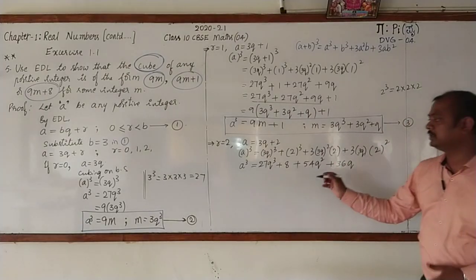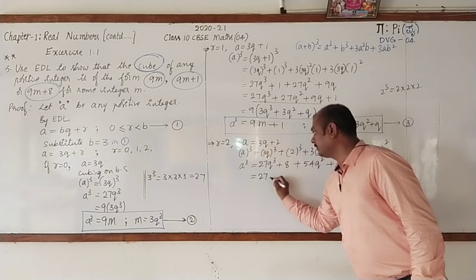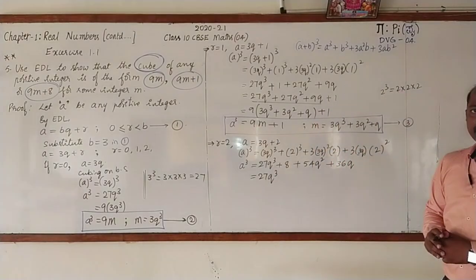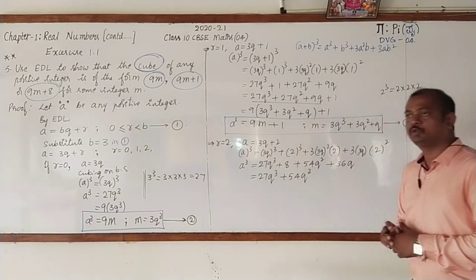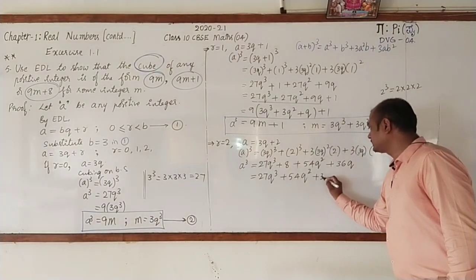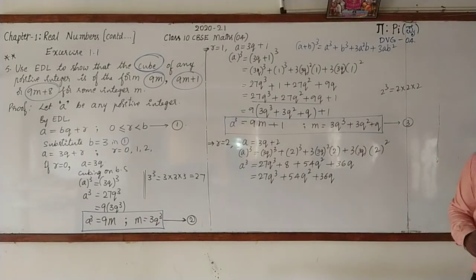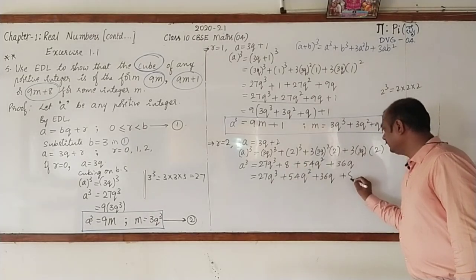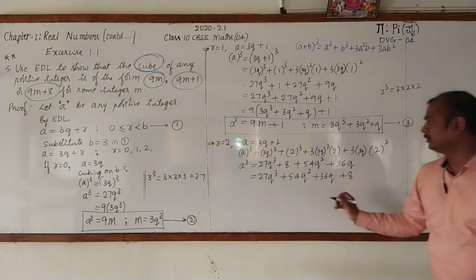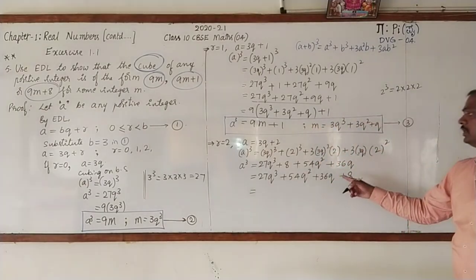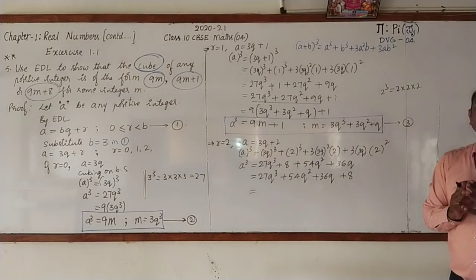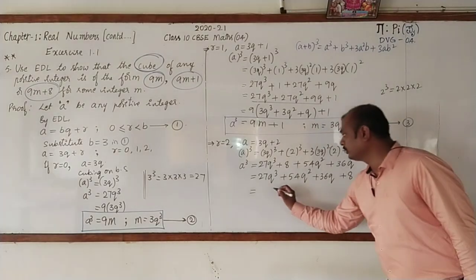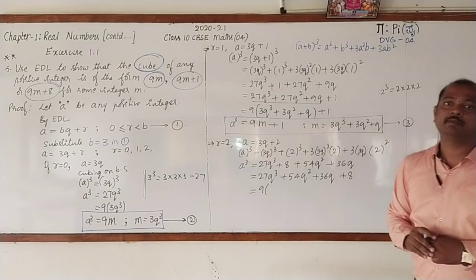Now, let us write it in standard form. 27q raised to the power 3 plus 54q raised to the power 2 plus 36q plus 8. Now this is equal to, observe the 3 terms. All these 3 terms are the multiples of 9. I go for taking 9 as the common factor.